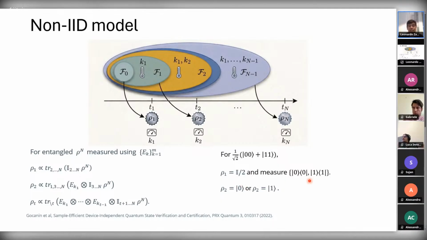However, if we measure this PVM, the outcome is going to choose one of these two states. And then in the second round, the statistics is going to come from this state or this other state, and this is different from estimating properties of the reduced density matrices, because with reduced density matrices, we would have the identity in both cases.